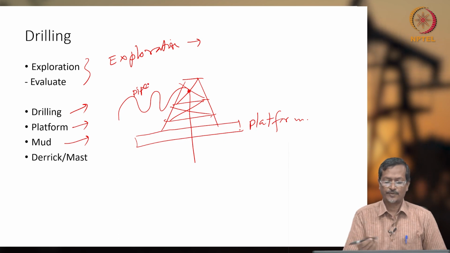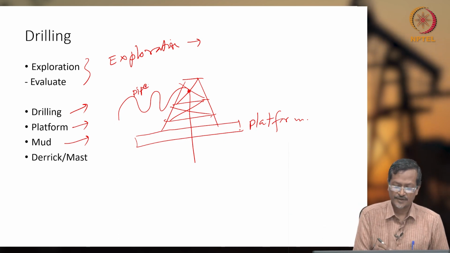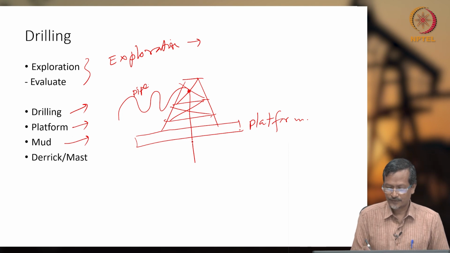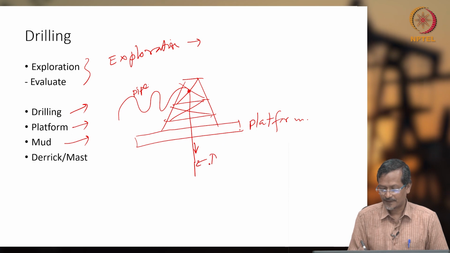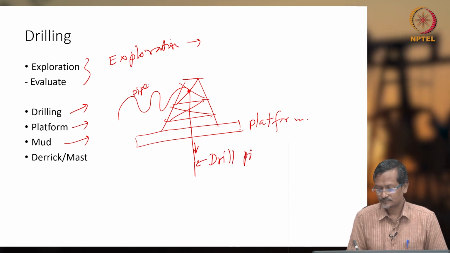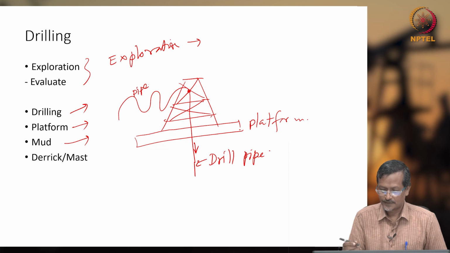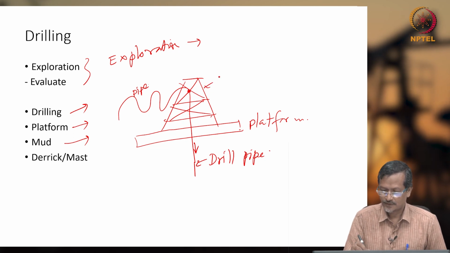When you are going for drilling, there will be one pipe connection. The pipe will be giving drilling fluid, and the drilling fluid will pass through this drill pipe. This is called the drill pipe, and this is called the derrick.